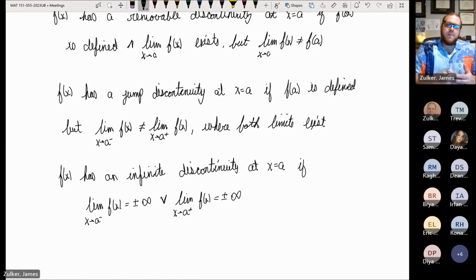So if I say, in this case, the left-handed limit is infinite or the right-handed limit is infinite, there's a third possibility, and that's they're both infinite. So if I say A or B in math, I mean A or B or both.